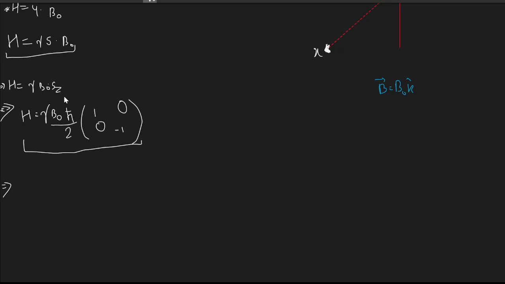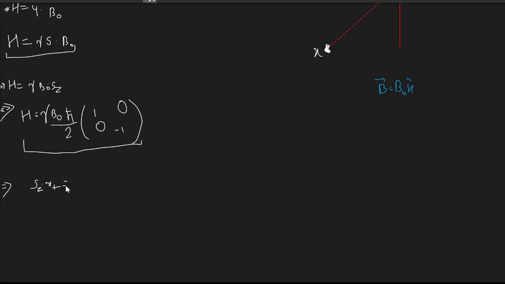Now what we have to do next is find out the energy of this particular electron which is doing precession and spinning. So how are we going to do this? If you have studied a little bit of the spin states in my video where I discussed this particular fact, when you apply this S_z operator to the spin state, let's say x plus, what is x plus? x plus is the spin up, the state of the particle where the spin is up, which is positive 1 by 2.